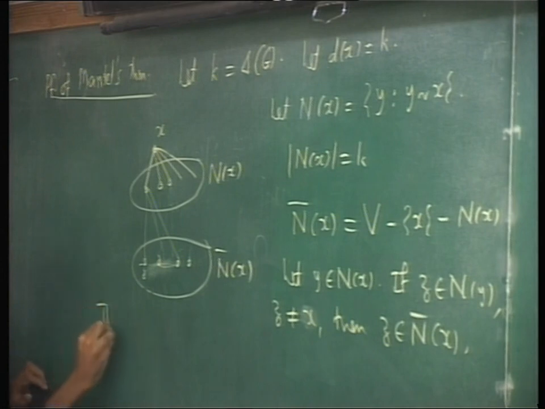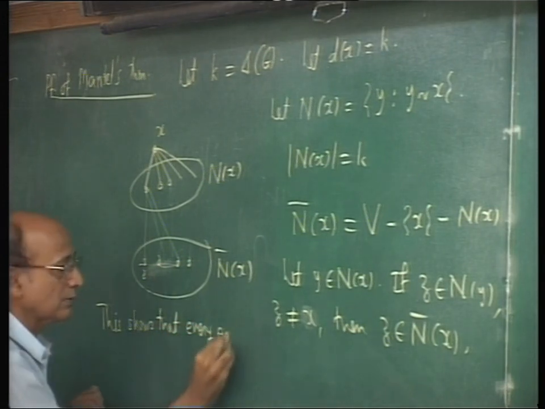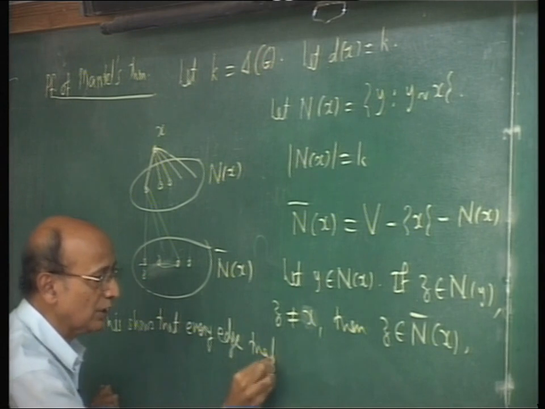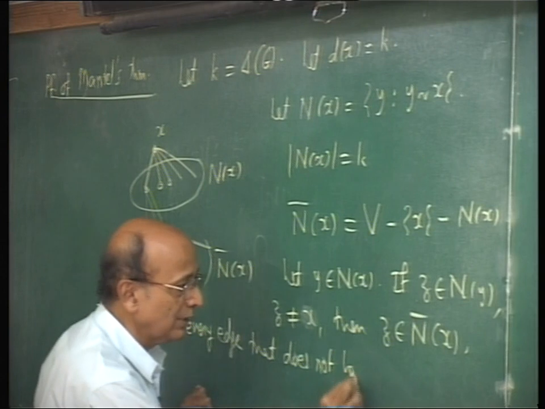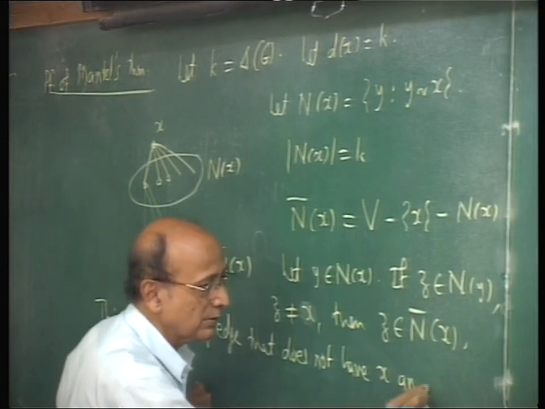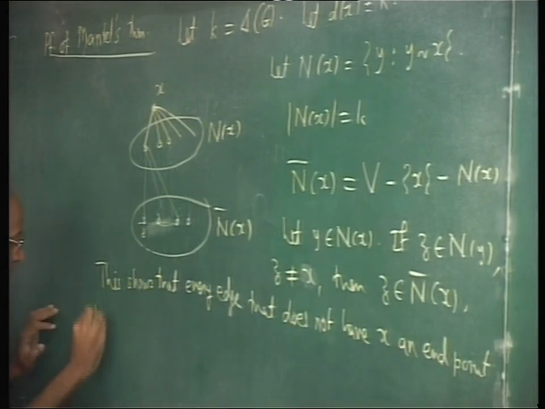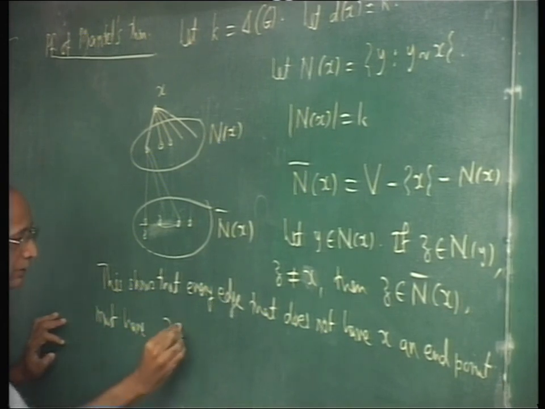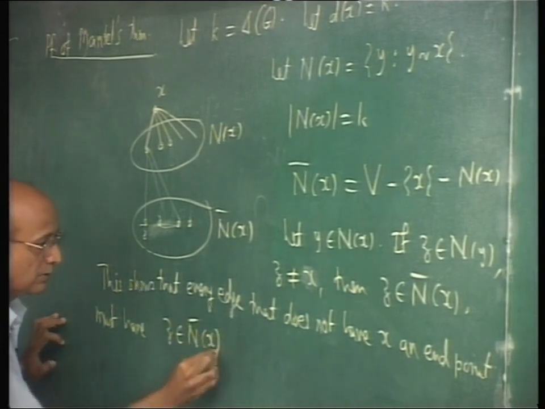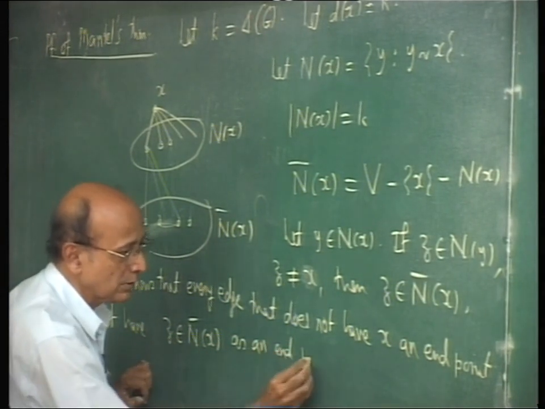This shows that every edge that does not have x as an endpoint must have some z belonging to N bar x as an endpoint.